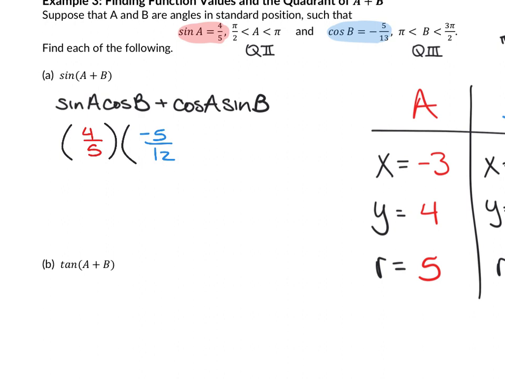But I can get those values from my sidebar because I know the x, y, and r for each of those angles. What should I write down for cosine of A? Negative 3 over 5, because cosine is x over r, and I know the x is negative 3, and the r is 5. What about the sine of B?